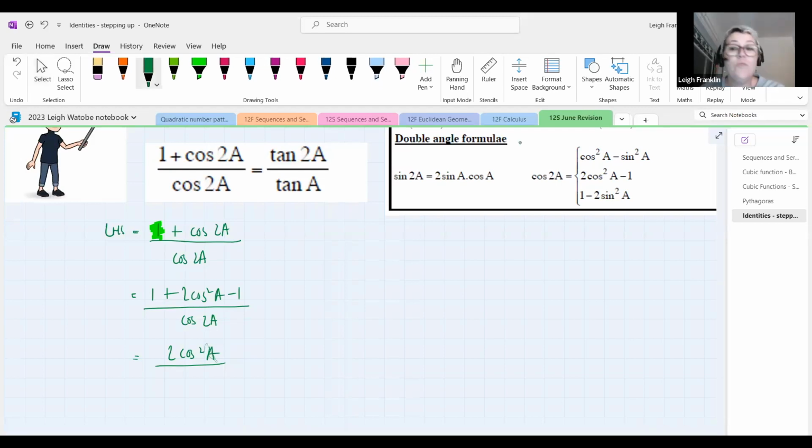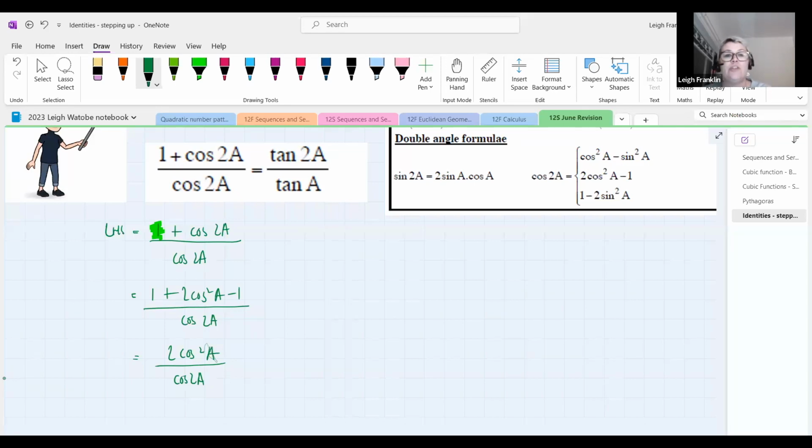All right, so I tell you what, let's see if we leave it as cos 2A for now. Okay, I can't simplify what I've got here anymore, because I would have two terms at the bottom and one term at the top.